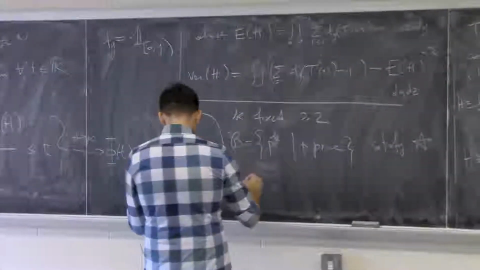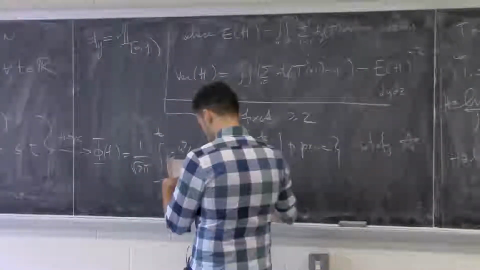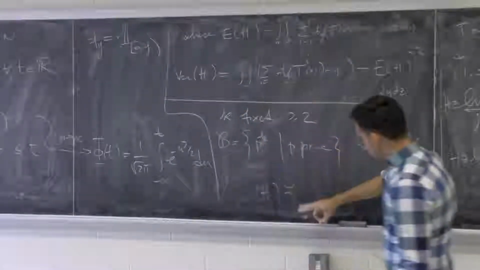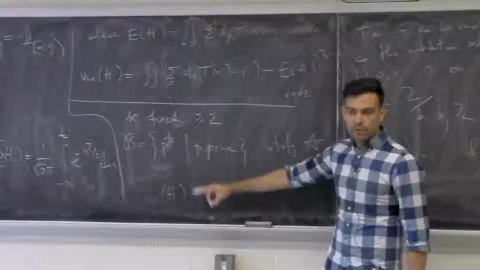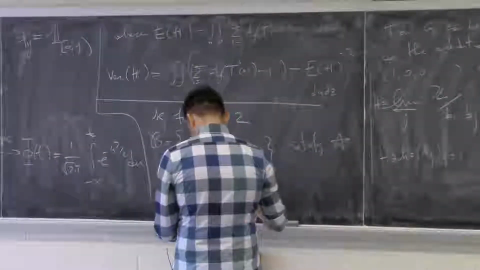And in this particular case, you get exactly how the variance of H grows. I use the symbol to denote that it's bounded above and below by constants, and then I'll write the expression.